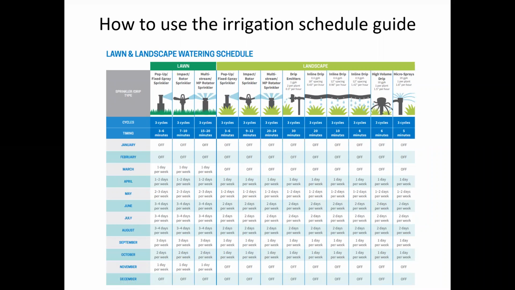You can see this irrigation schedule guide has different cycles with different amounts of time, because you want to make sure you're allowing enough time for that water to actually penetrate and permeate through the soil and reach your plants' roots, as opposed to running off. So it's really important to time things in certain increments, as well as cycle them. Slow it, spread it, sink it. You hear that with your rainwater, but you also want to do that with your potable irrigation water that you're applying as well.